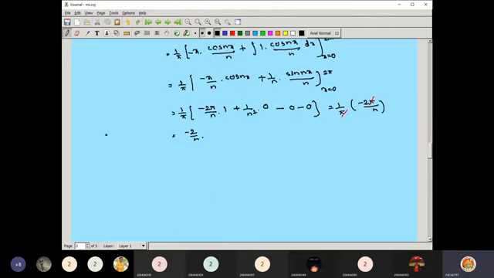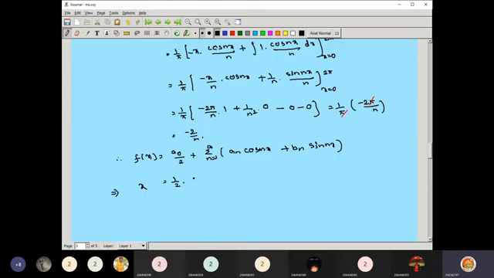So therefore I am substituting in the formula: f of x is equal to a0/2 plus summation n equal to 1 to infinity, an cos nx plus bn sin nx. So it is equal to 1/2, you keep aside, and what is your f of x value, it is x.